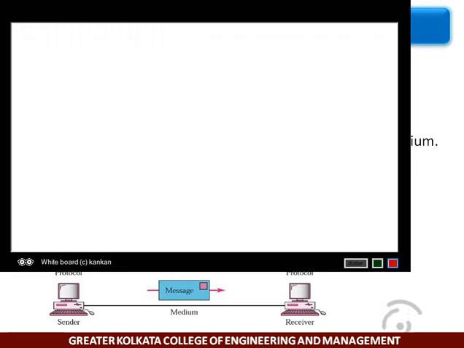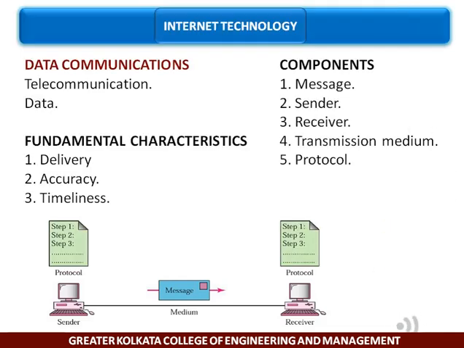Number 4 is jitter. What do you mean by delivery? The system must deliver data to the correct destination.